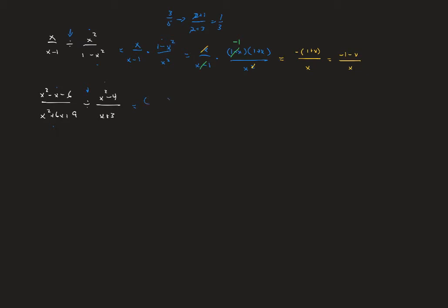So using your box and diamond strategy, or whatever it is that you use, this is going to factor into x minus 3, x plus 2, and the denominator is going to factor into x plus 3 times x plus 3. I'm going to multiply by the reciprocal, so that's going to move that x plus 3 into the numerator. And I'm going to factor the x squared minus 4 as the difference of two squares.